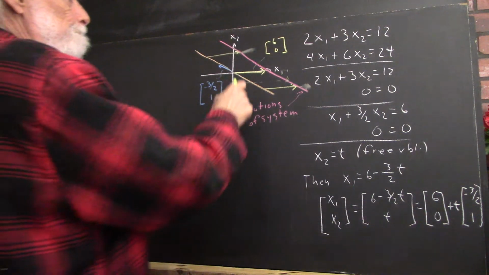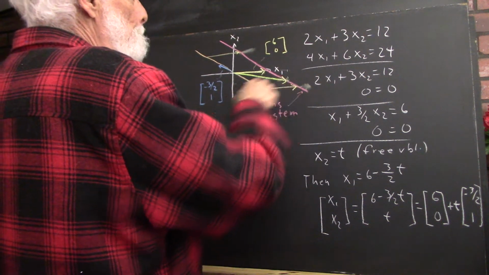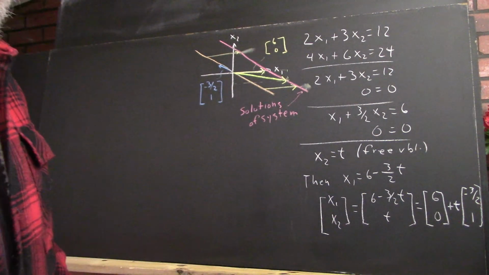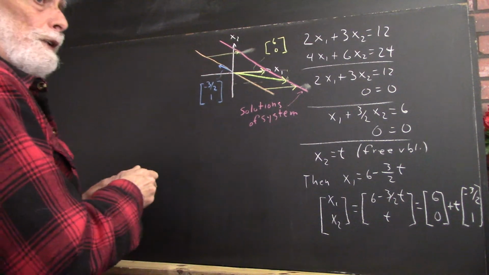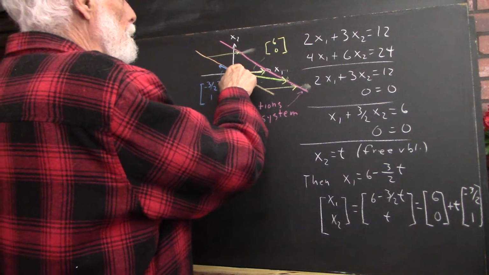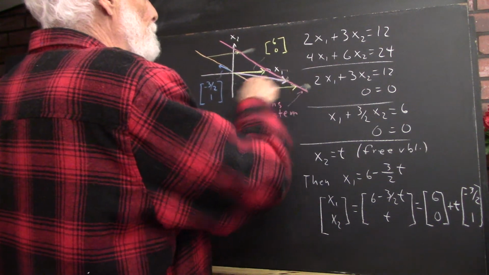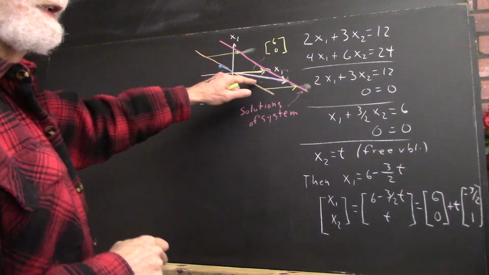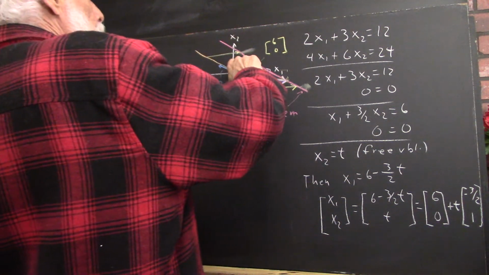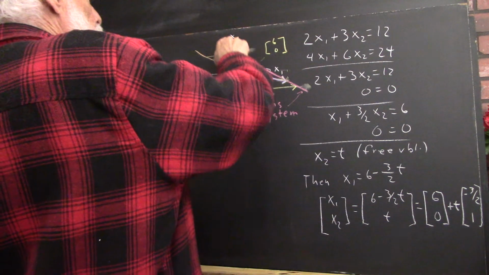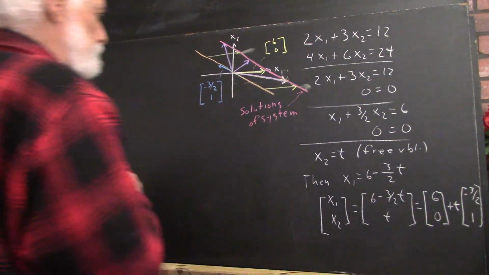Now we associate that with the vector, and I probably should use a different color for this vector because green and yellow end up looking very similar. Okay, so this vector represents one solution. Okay, a vector here would represent another solution. A vector here would represent another solution.